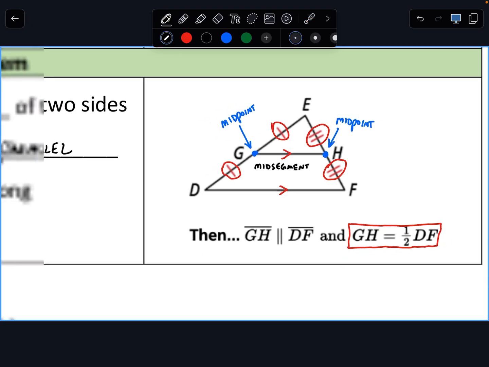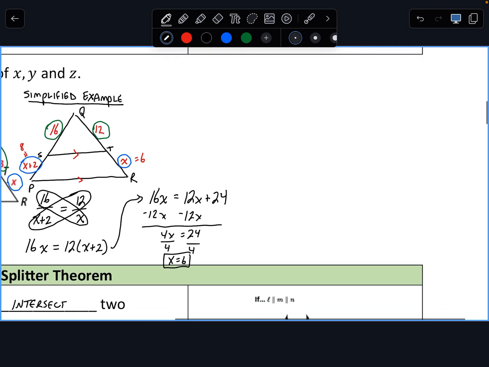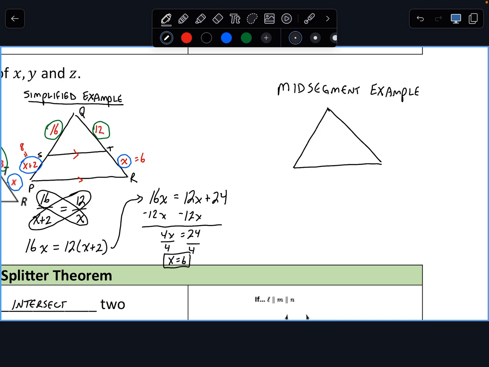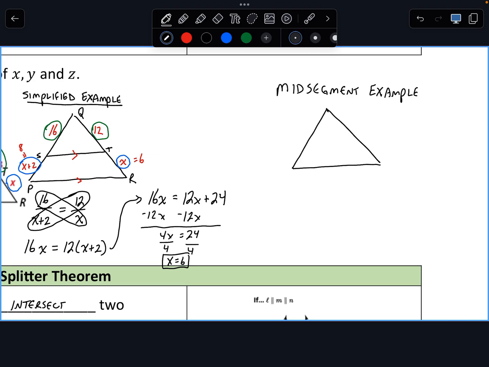Now let's do a little mid-segment example. Okay, so next to this simplified example that we just did, I'm going to put a mid-segment example. All right, so I'm going to draw in a triangle. And I'm going to draw in the mid-segment.